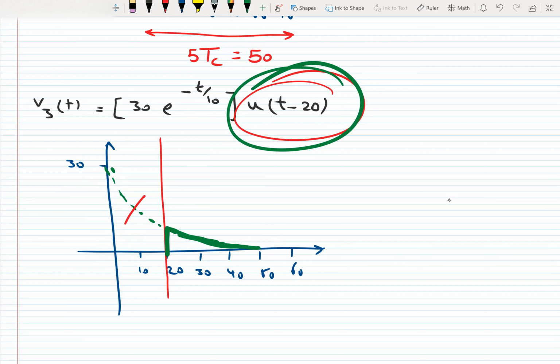So what if we are asked to find the initial value of this signal at t equal to 20? How can we find the value of this signal at t equal to 20? It's easy. We can say v3 of 20 is equal to 30 e to the negative 20 over 10. So this value shows the initial value of the signal.